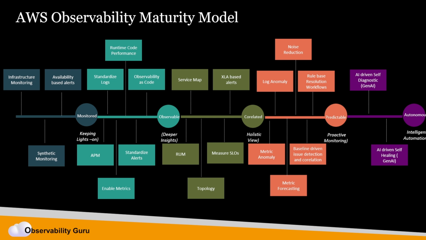Level 3 is about enabling correlation, bringing a holistic view so that we can isolate issues faster and resolve things much faster as well.